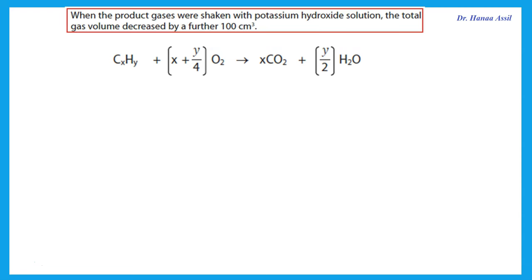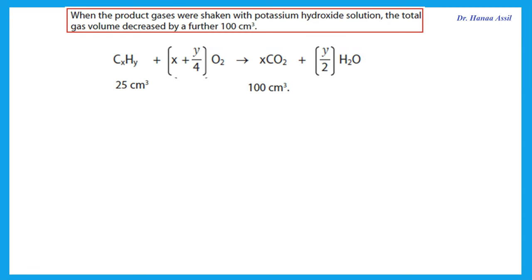Well, what did the question say? The first hint here is, when the product gases were shaken with potassium hydroxide, the total gas volume decreased by 100 centimeter cubed. Remember, when we shake this mixture with potassium hydroxide, it reacts with which one? It reacts with the carbon dioxide gas, which is acidic. So if the volume decreased by 100, that means that the volume of the carbon dioxide was 100.